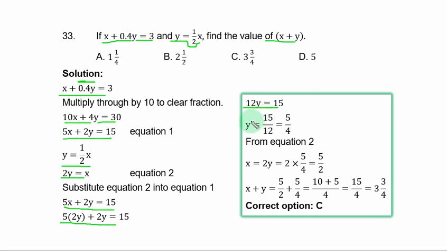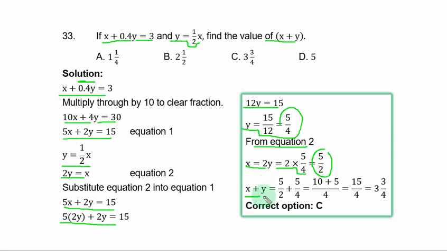Divide through by 12, so y is equal to this, and it reduces to 5 over 4. From equation 2, s is equal to 2y. So s becomes 2 times 5 over 4. If you reduce 2 and 4 by 2, this becomes 5 over 2.